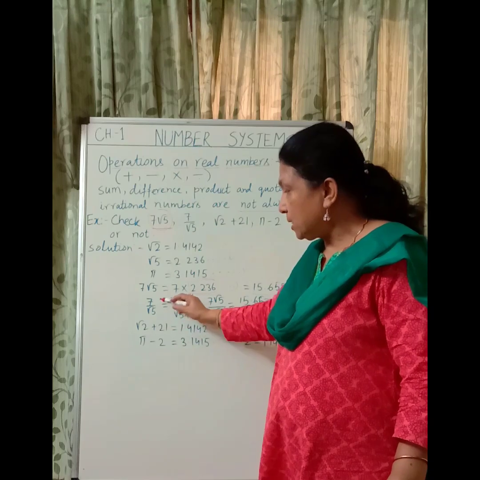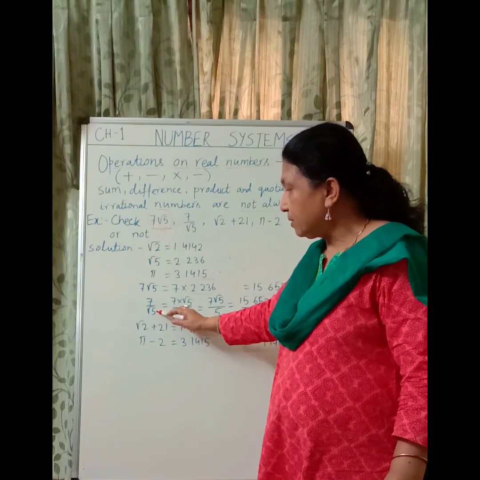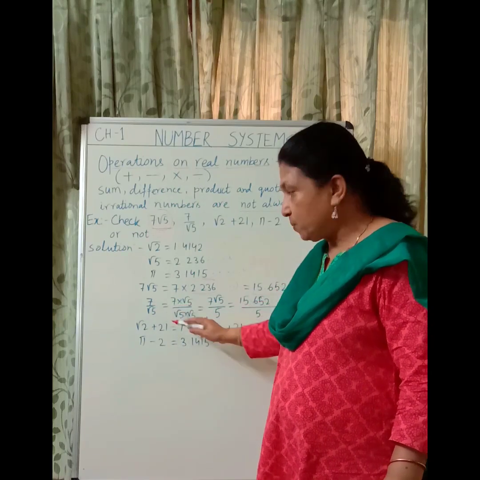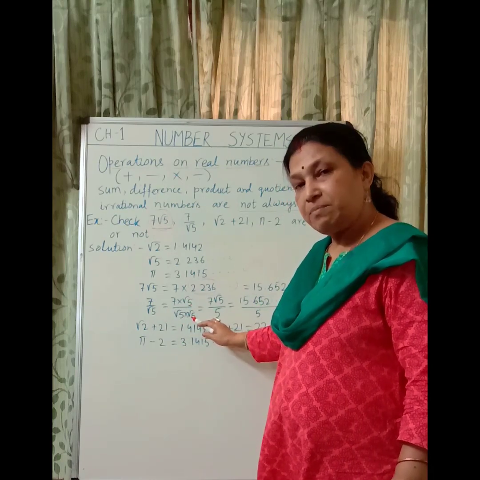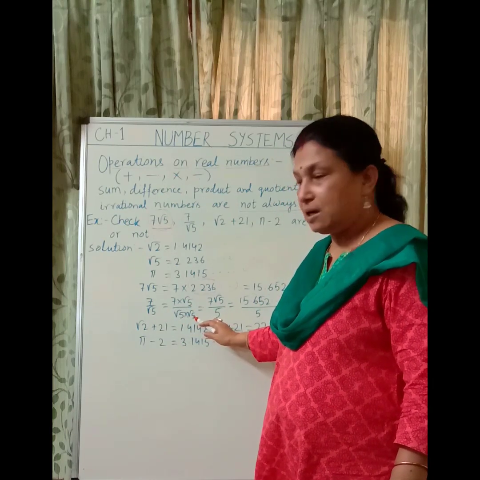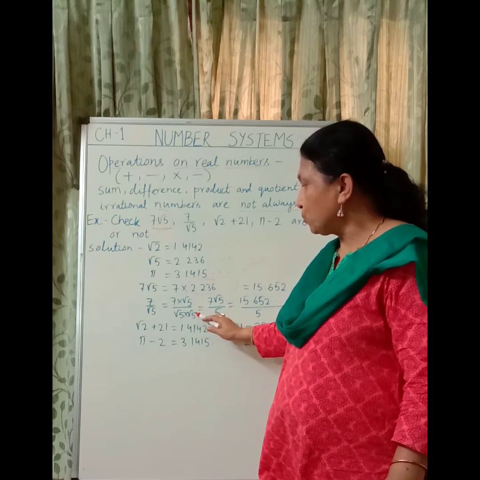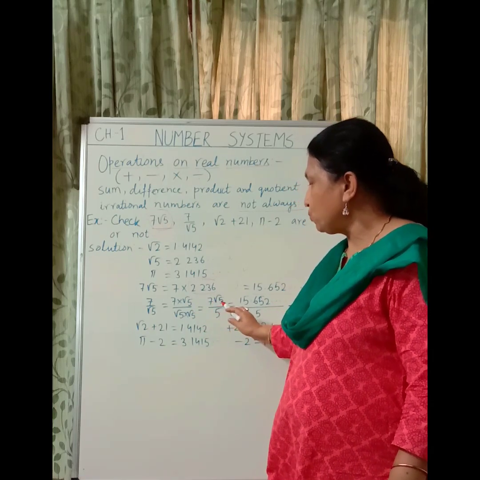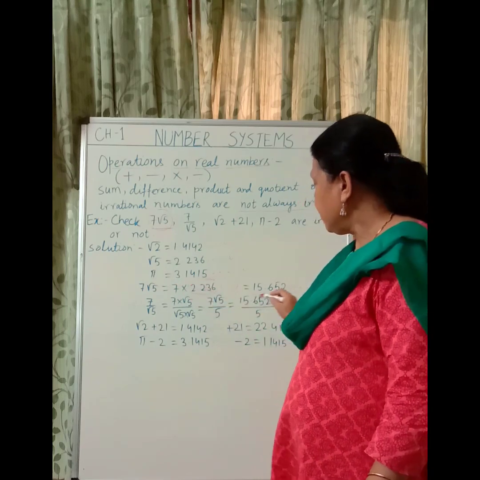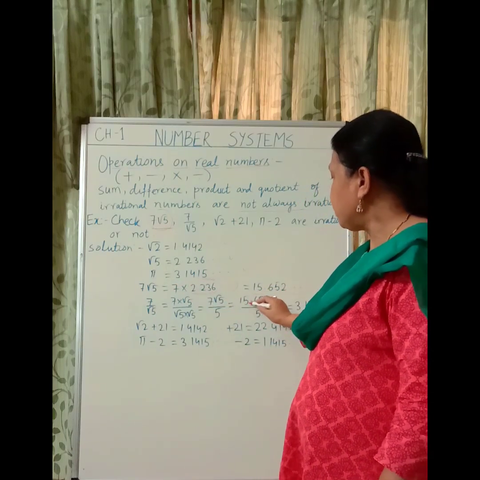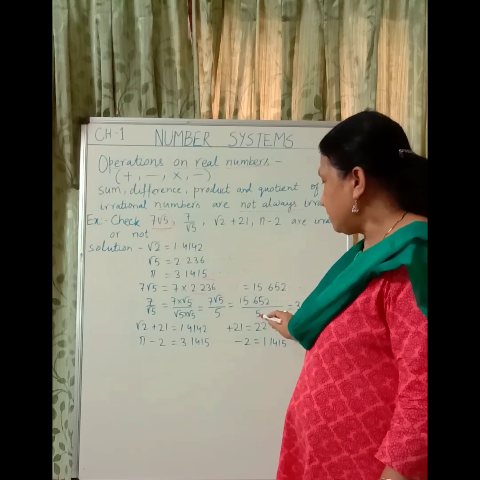For the next one, 7 upon root 5, as we know, we can multiply both the numerator and denominator by the same rational or irrational number. We have multiplied by root 5, so we are getting 7 root 5 upon 5. The value of 7 root 5 is 15.652, divided by 5.